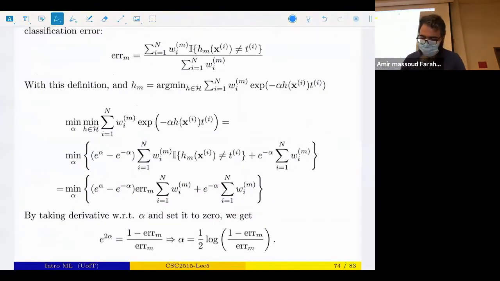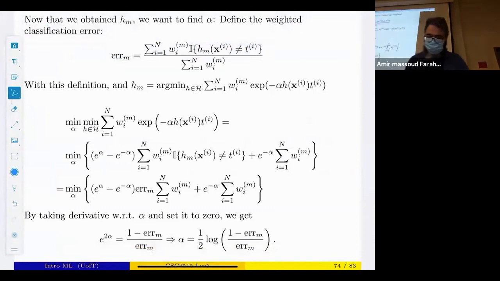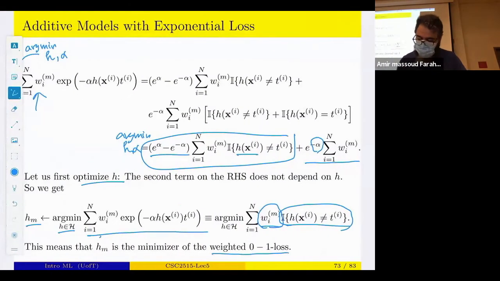So that's great. For some methods, we can actually solve this. For some methods, we cannot. For example, for decision trees, it is easy to minimize a weighted 0-1 loss function. So suppose we can solve this. We solve this, we get this h_m.